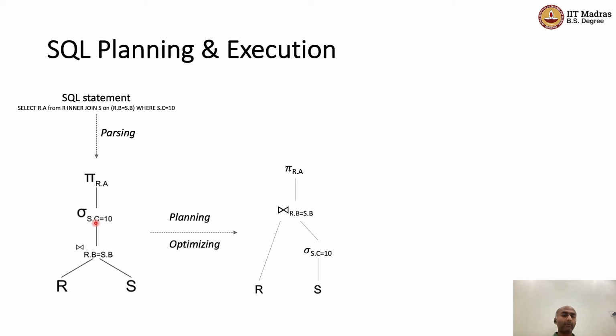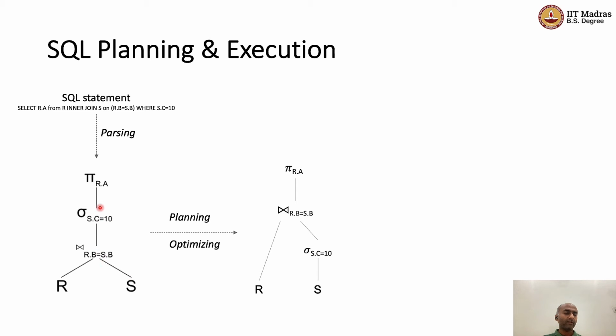But I am doing this in my first instance of the relational tree after the join operation is performed, which means I take all of the rows and all of the columns of R, all of the rows and columns of S, merge it all together with a commonality constraint on the column B for each of those two tables, and then I'm applying the filter saying that I'm interested only in those records of S for which the value of column C is 10, which kind of seems wasteful, right?